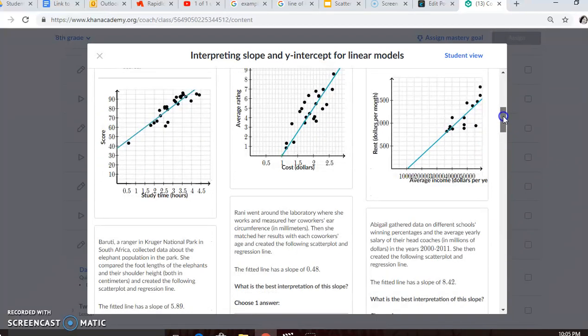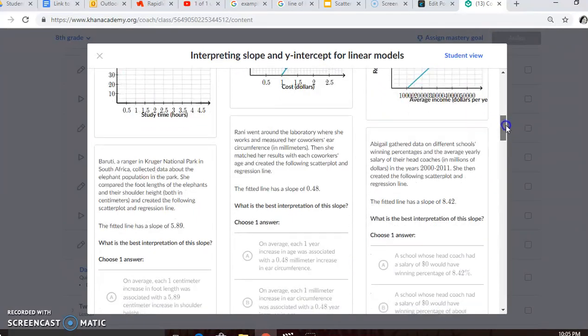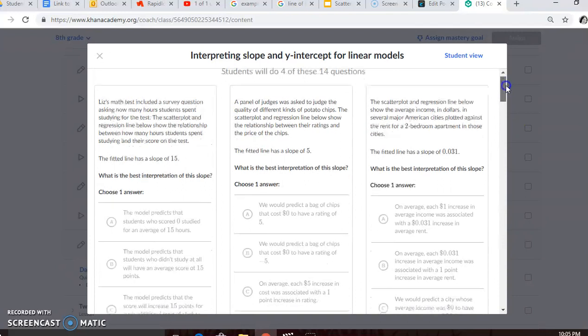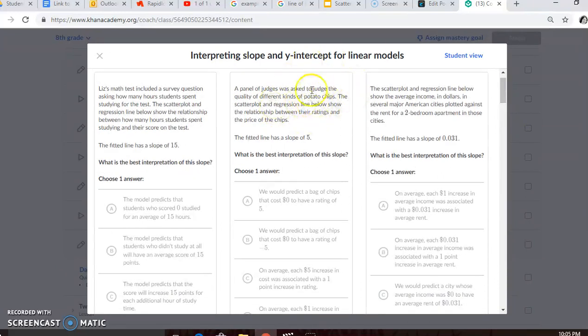It looks like they're all asking me about slope. I'm going to pick the one about potato chips because it's potato chips. A panel of judges was asked to judge the quality of different types of potato chips. We have a scatter plot and a regression line. That's the same thing as the line of best fit, and it shows the relationship between ratings and price.